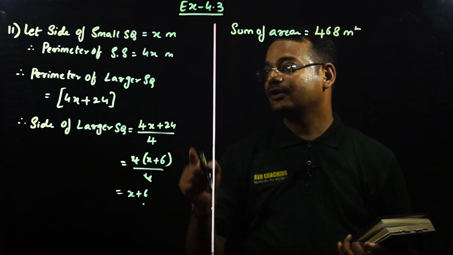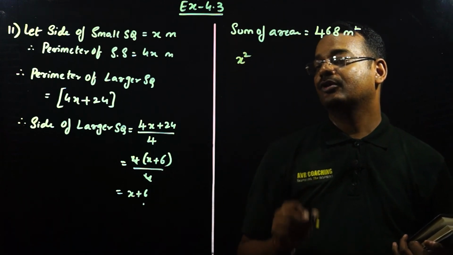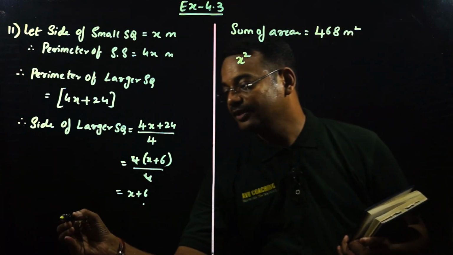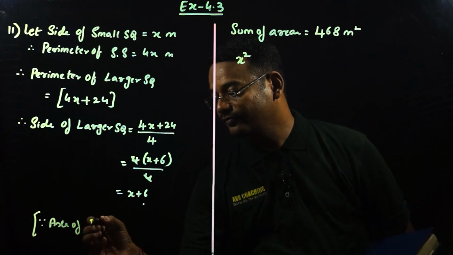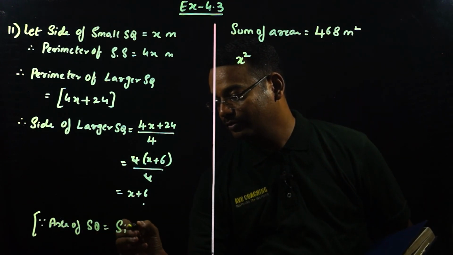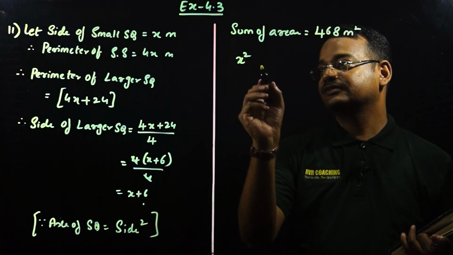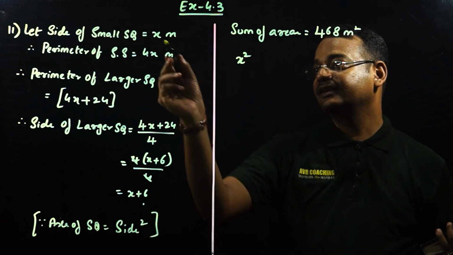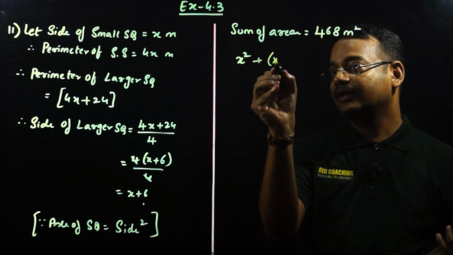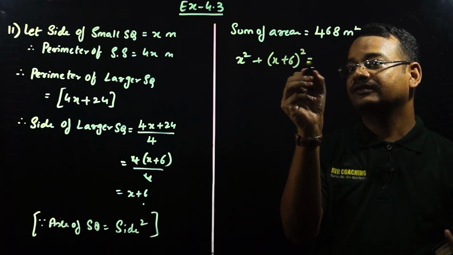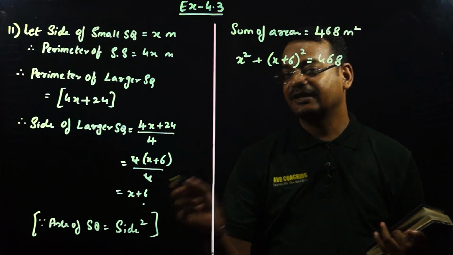The area of the first square is x square, because the area of a square is equal to side square. So the area of the smaller square, with side x, is x square, plus the area of the larger square, whose side is x plus 6, so (x plus 6) whole square, is equal to 468.